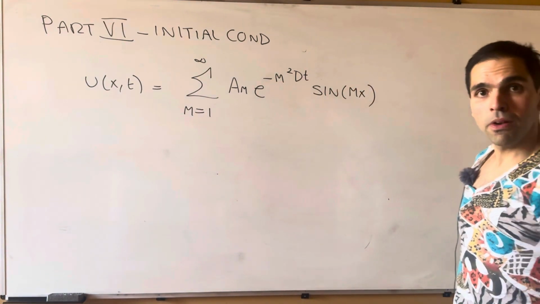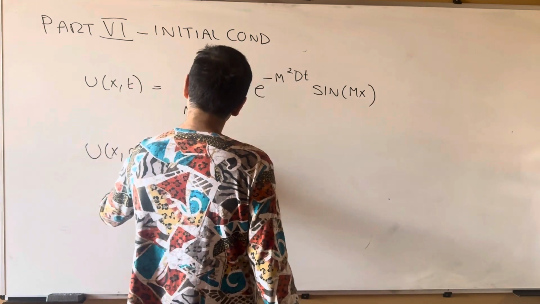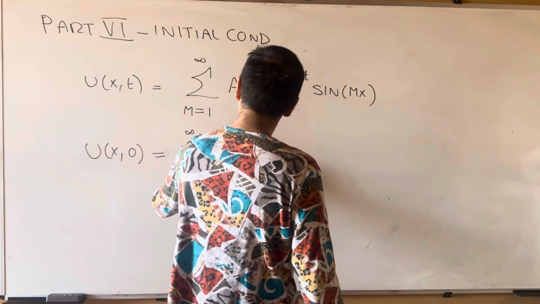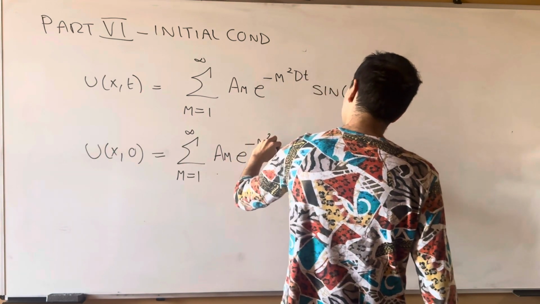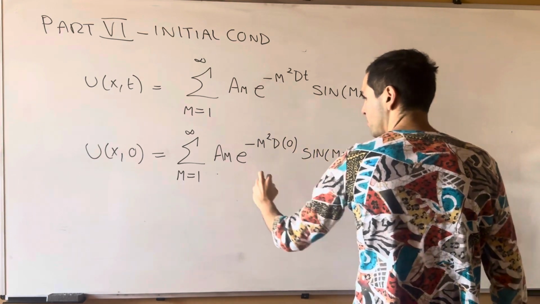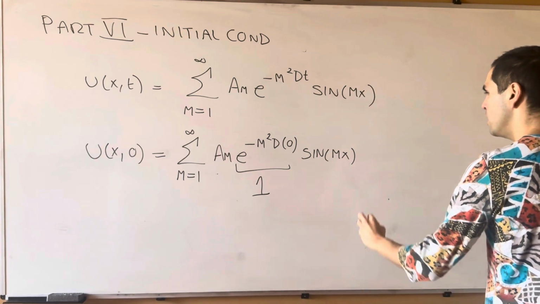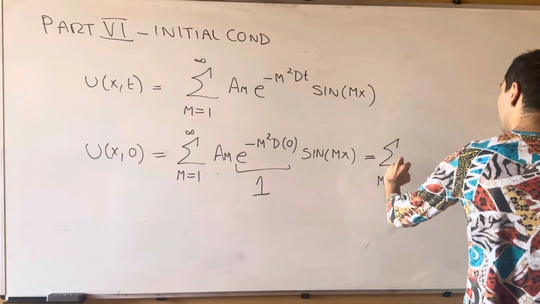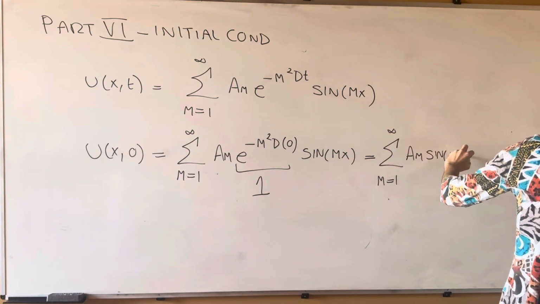And now let's plug in t equals 0. So u of x0, that is the sum from m from 1 to infinity of am e of minus m squared d0 sine of mx. This term, exponential term, becomes 1, and so in the end this simplifies to the sum from 1 to infinity of am sine of mx.